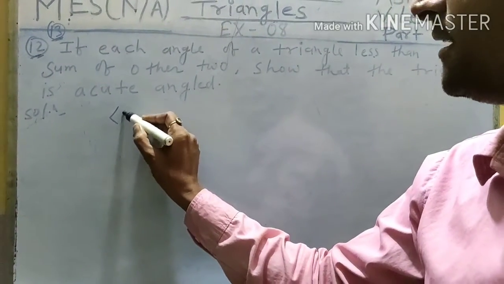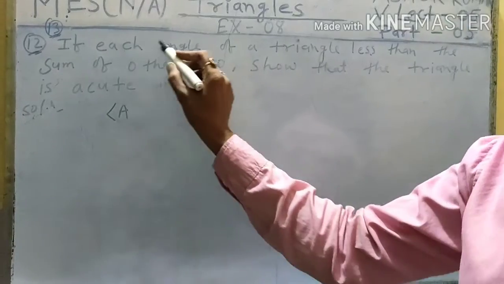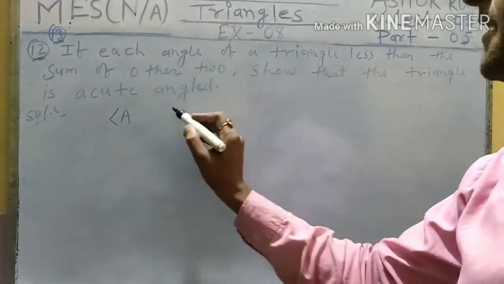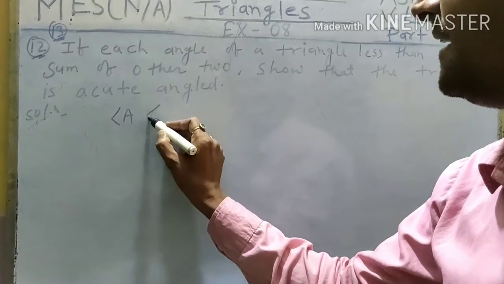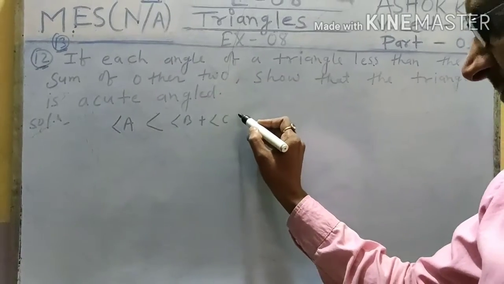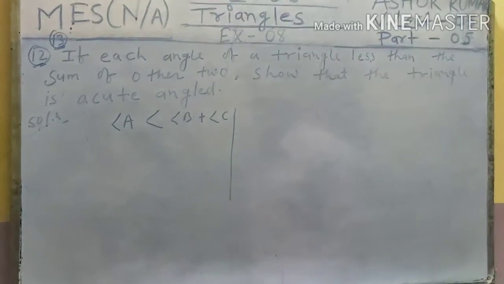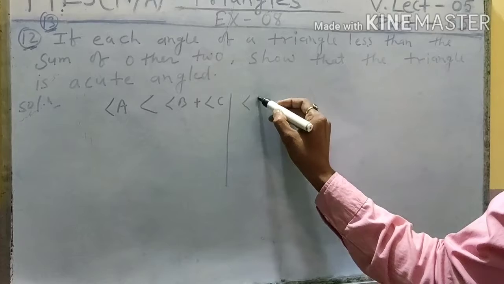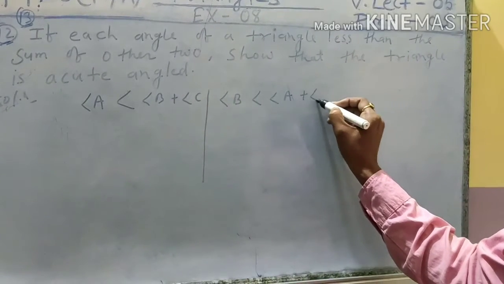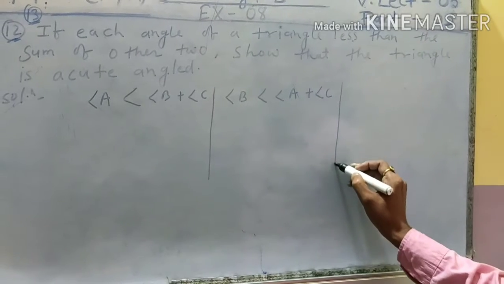Here, student, if each angle of a triangle is less than the sum of the other two, that means angle A is less than angle B plus angle C. This is the first condition. The second condition is angle B is less than angle A plus angle C. This is the second condition.